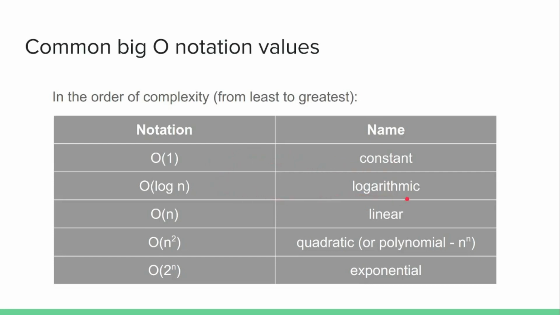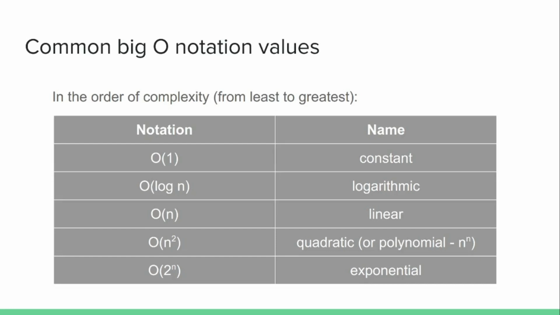Next, we have logarithmic complexity, and this is the hardest one for most people to understand, but we'll look at some examples in this lesson. Logarithmic complexity can start off a bit steep, so the growth from, say, looking at 10 items to 100 items to 1,000 items, that maybe grows steadily, but as we get to larger and larger values, the rate of growth flattens out for logarithmic.